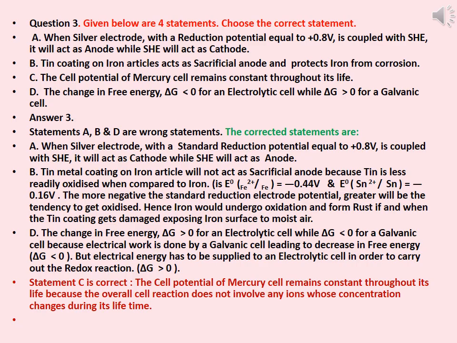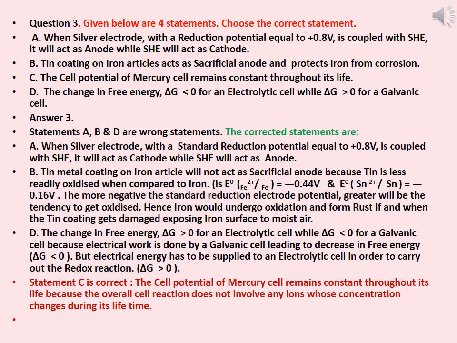That is, when a silver electrode with a standard reduction electrode potential value equal to plus 0.8 volt is coupled with SHE, it will act as cathode while SHE will act as anode. We know that the reduction potential of SHE is fixed to be equal to 0.0 volt.